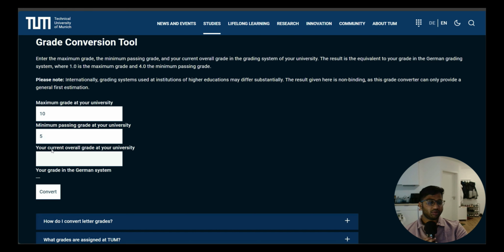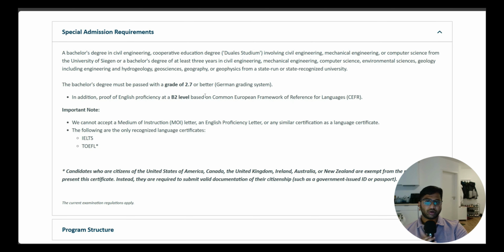So please give the minimum passing CGPA that you had, then your current or finishing grade in your bachelor's degree, and then you can convert, and this will be 1.7 as your German grade. So you need to have 2.7 or better, which is good because 1.7 is below. Usually 2.7 means you should not have 2.8. To get a better chance, you should get below or lesser. 2.6, 2.5 and so on would be extremely better.